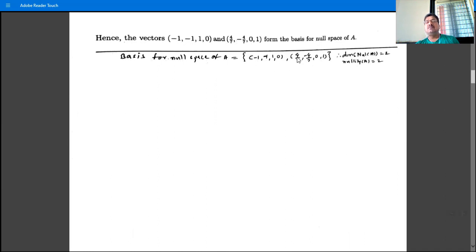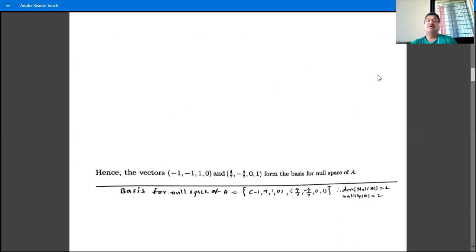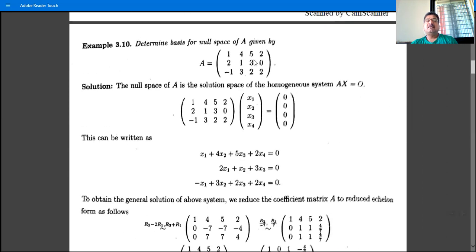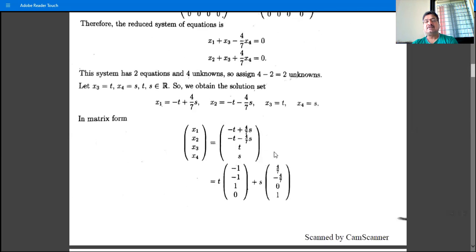The number of vectors in the basis of the null space is 2, so the dimension of the null space of A is 2, and therefore the nullity of A is 2. If the question is to determine the basis for the null space of A, this is the answer. Instead, if the question is to find the nullity of A, we have to write the same answer.